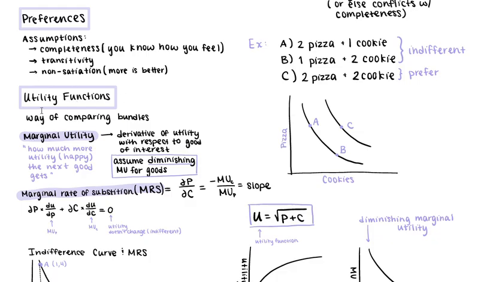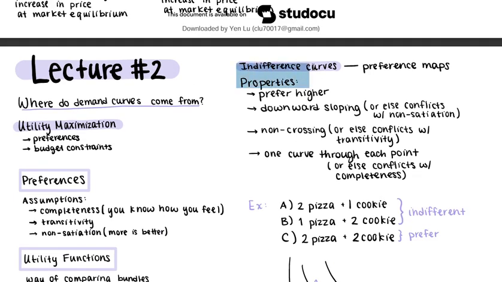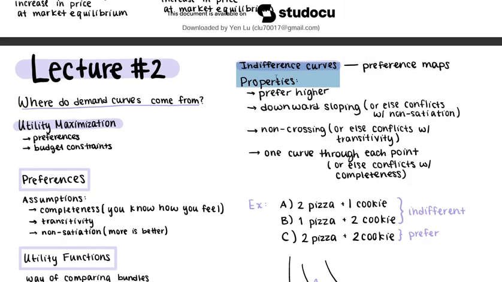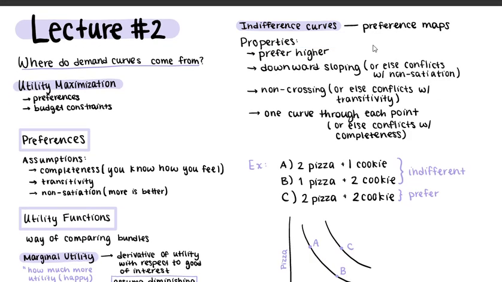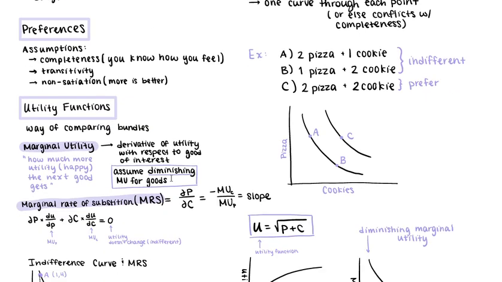Okay, so let's talk about indifference curves. Preference maps have properties, but the most important is that they are downward sloping. If the curve is not downward sloping, it violates the non-satiation assumption we just talked about: more is better.